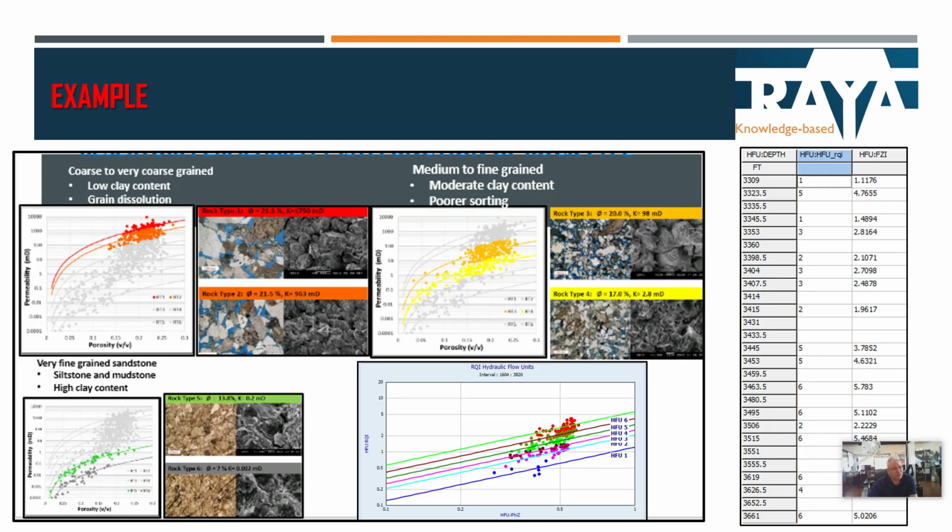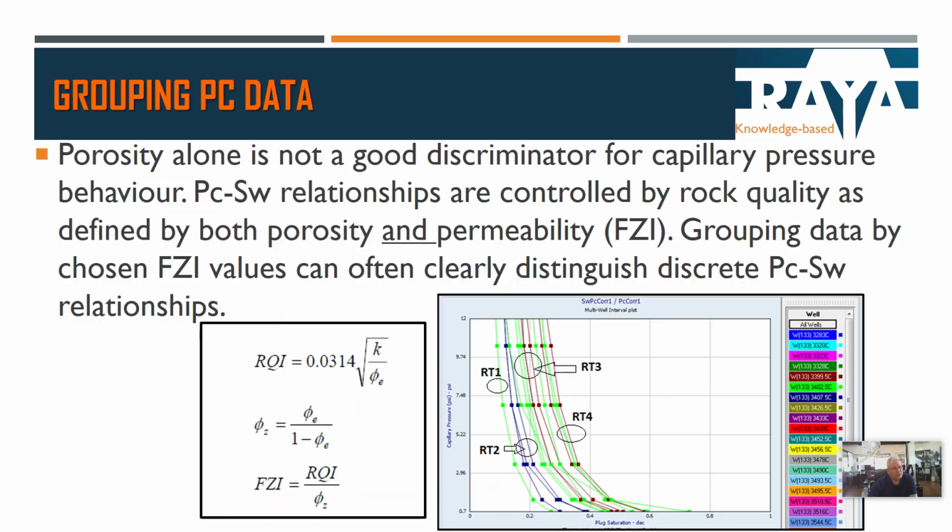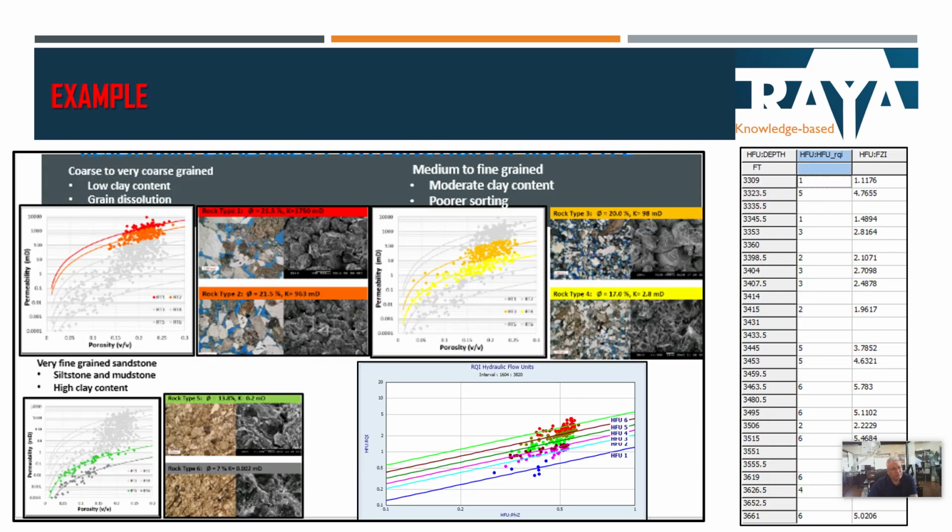And as you see, the FZI is calculated from rock quality index or normalized porosity. The RQI is calculated from this equation, which uses a constant correction factor and also core porosity and permeability.